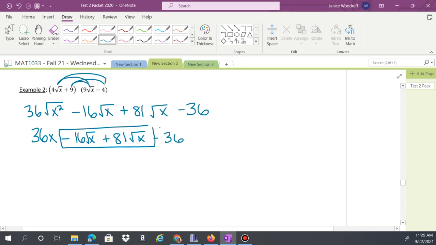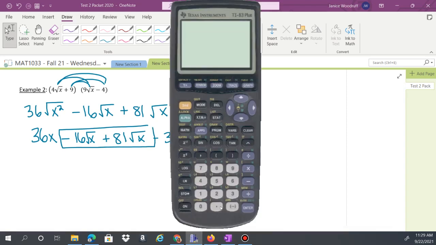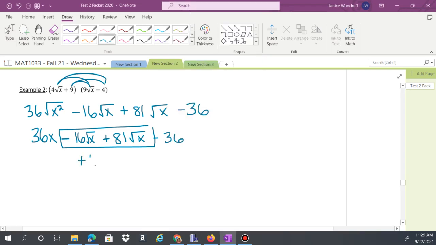Negative 16 plus 81. Okay, so that's going to be a positive 65 root x. And then what about the 36x minus 36?